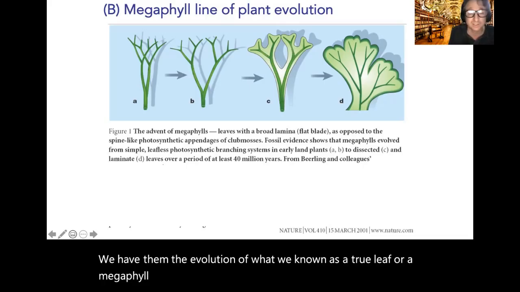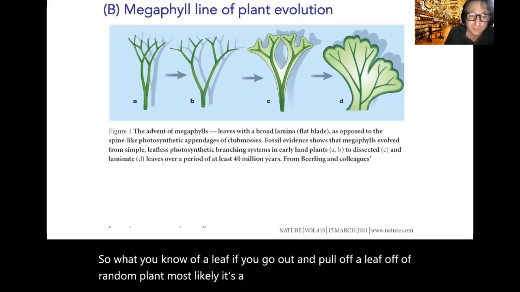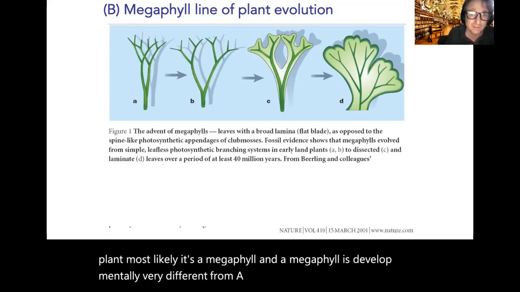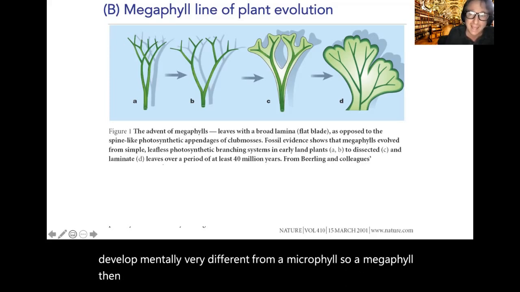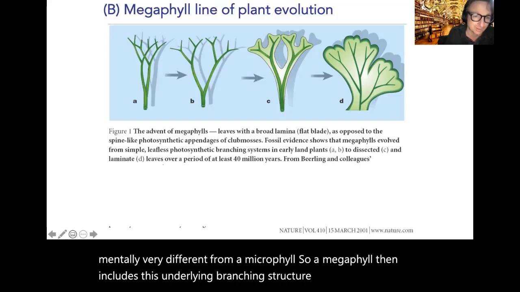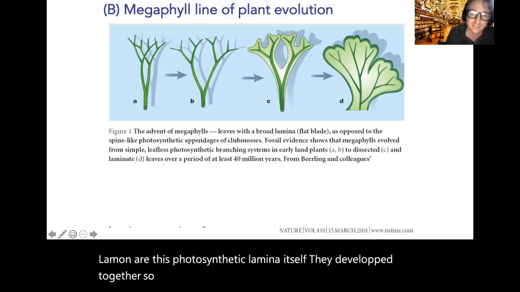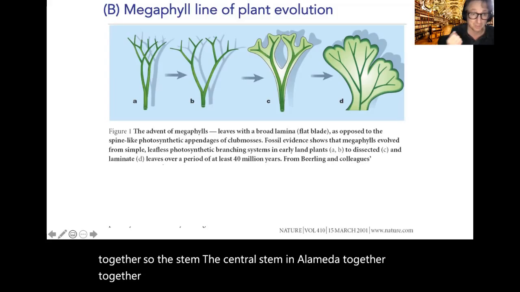So what you know of a leaf, if you go out and pull a leaf off a random plant, most likely it's a megaphyll. And a megaphyll is developmentally very different from a microphyll. A megaphyll includes this underlying branching structure and this webbed photosynthetic lamina itself. They develop together. The central stem and the lamina develop together with each other.